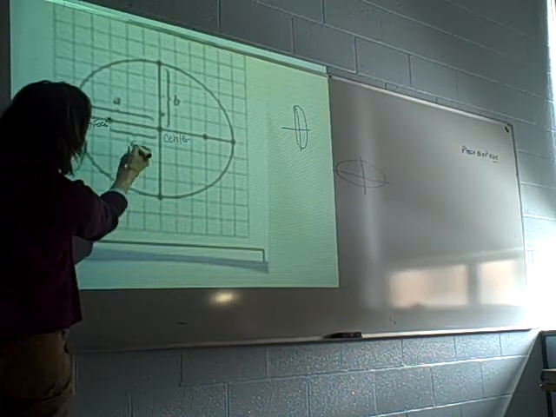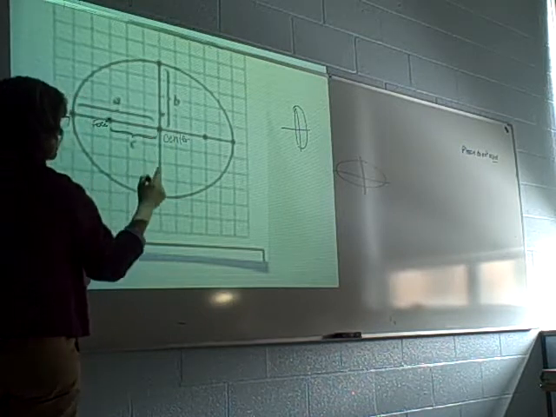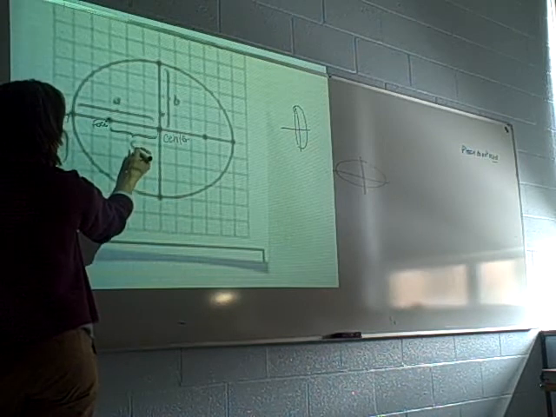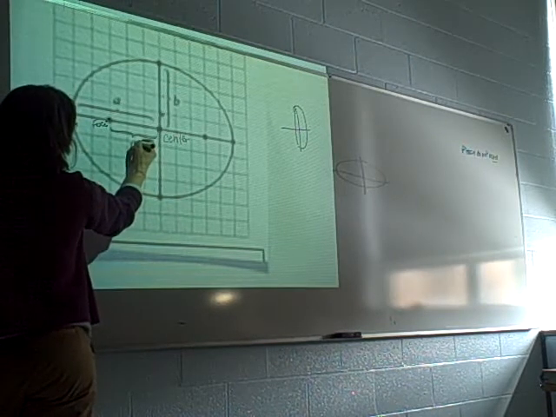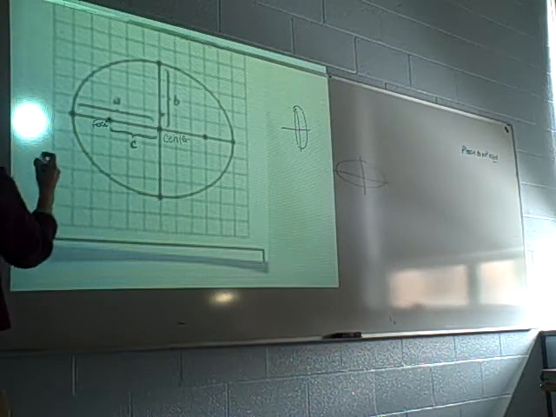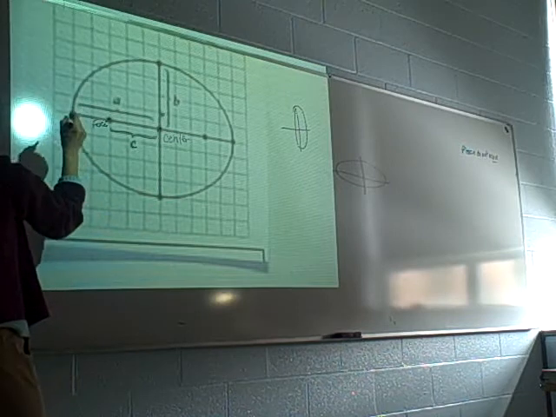And what is this representing? The distance from the center to the foci is going to be represented by what letter? C. Okay.